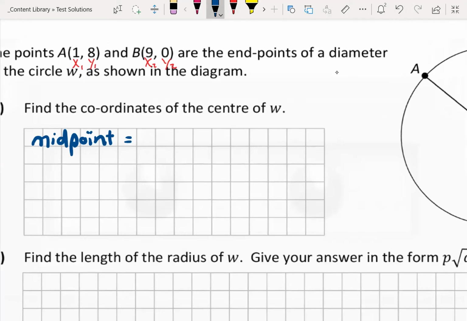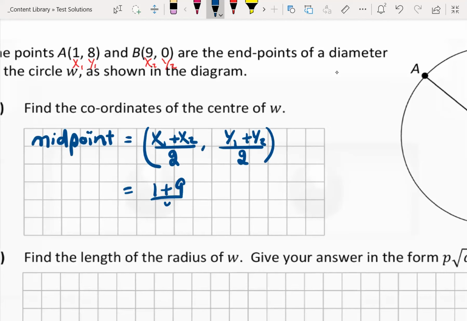The midpoint formula was adding the x's together, dividing by 2, adding the y's together, dividing by 2. So we're left with 1 plus 9 divided by 2, and the y's are 8 plus 0 divided by 2.